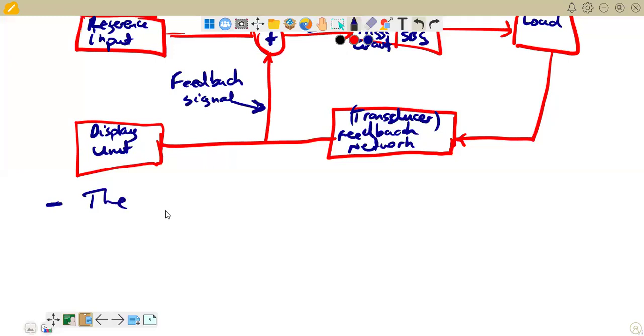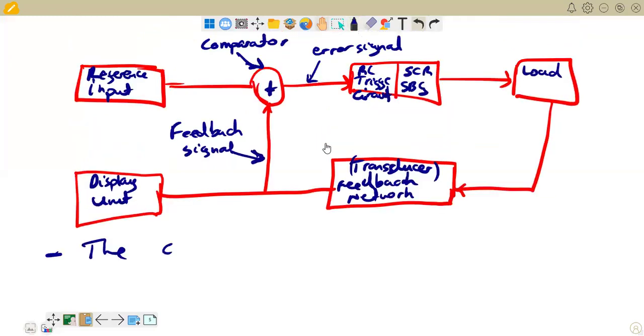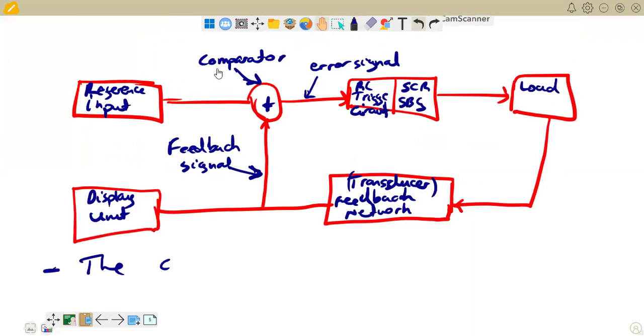Number 1, the comparator compares the feedback signal with the input reference signal. Then, as soon as the load deviates, it means changes, the feedback signal will differ from the reference input, and this difference is called the error signal. It is used by the control circuit to bring the load back to normal. That's the description we have to give.